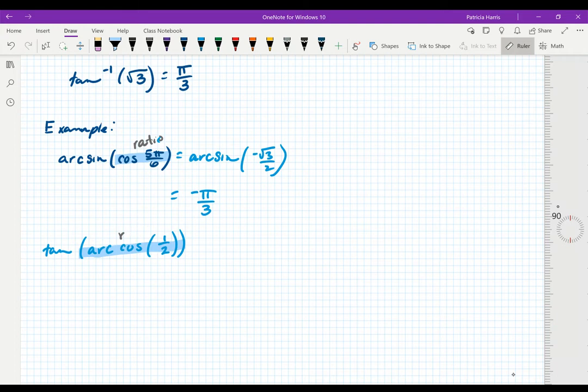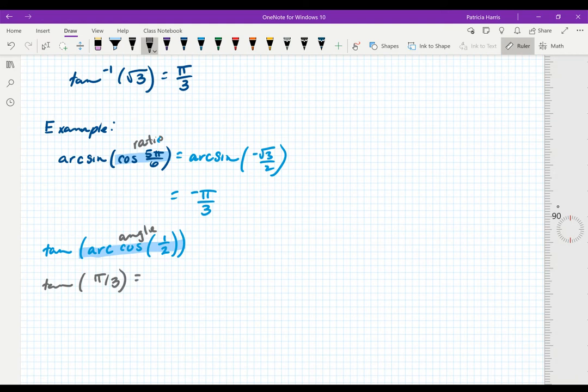Oh, excuse me, an angle. Okay, so arc cosine of 1/2. Okay, so remember that cosine is between 0 to pi. Okay, so that is going to happen at pi over 3.